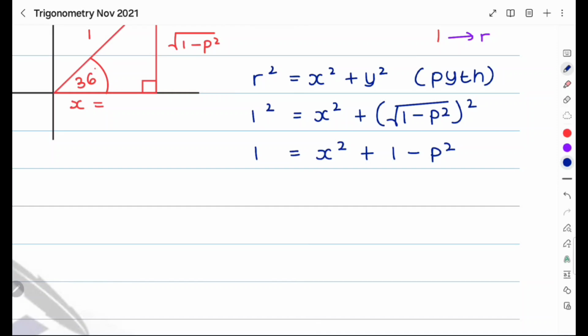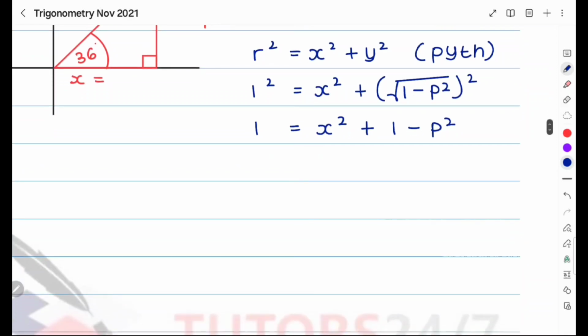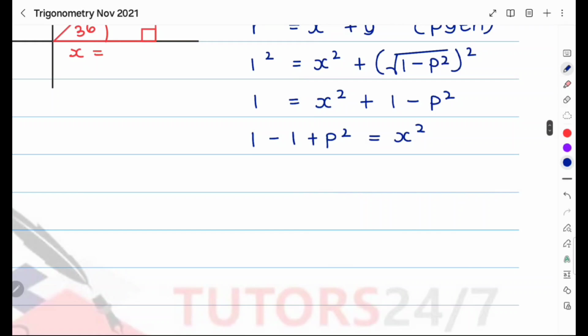From here, I'm going to take everything that is not x to the left. So 1 minus 1 plus p squared equals x squared. From here, 1 minus 1 becomes 0, and we have p squared is equal to x squared.